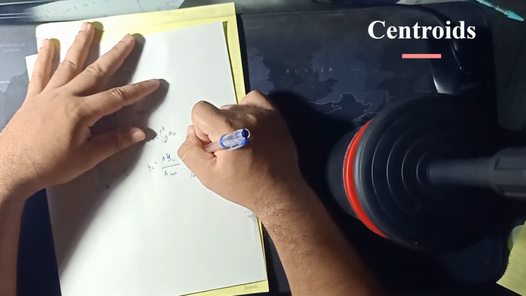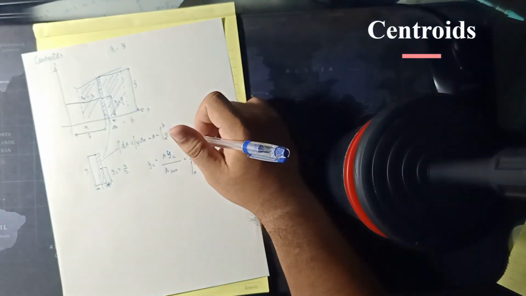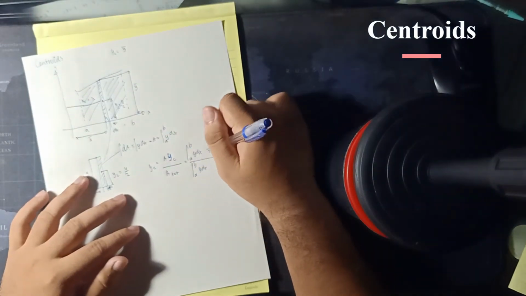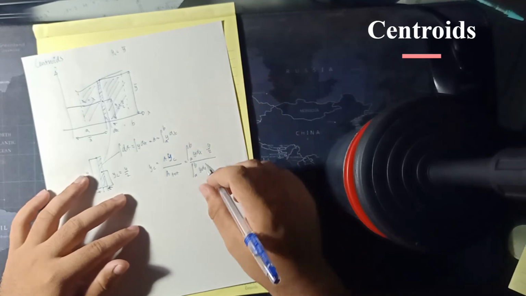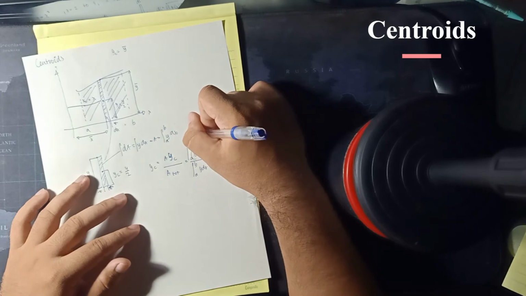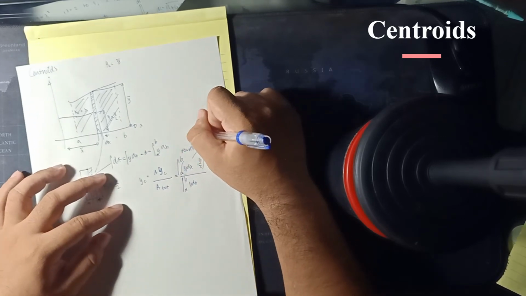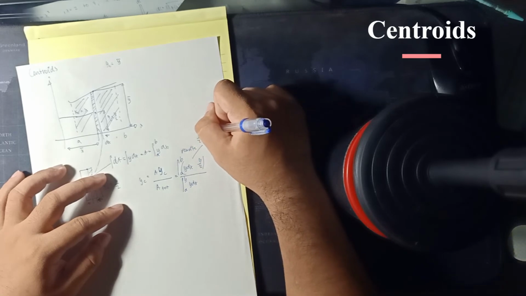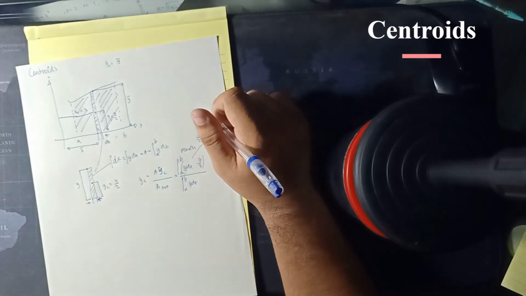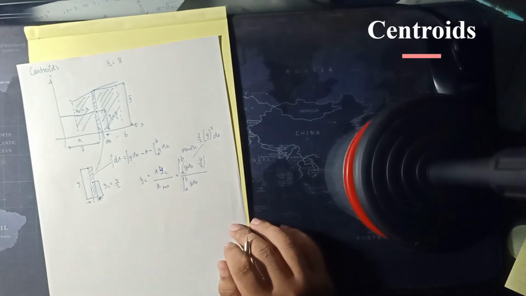We could also rewrite this as one half y squared dx.